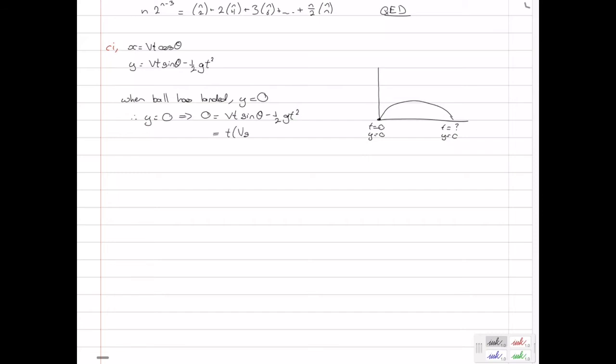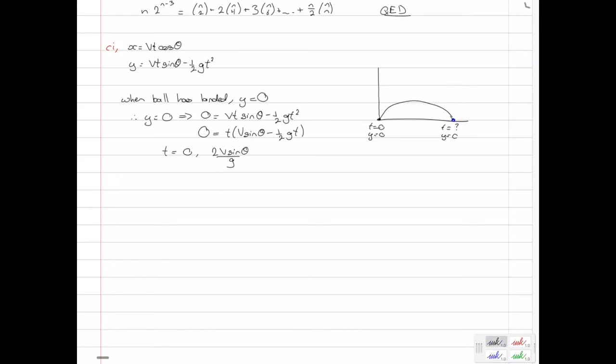I get t times v sine theta minus a half gt, that's equal to 0. So I have 2 solutions. I have t equals 0, and the second one would be 2v sine theta on g. That's just solving that quadratic. So when t equals 2v sine theta on g, I'm actually at this point right here.